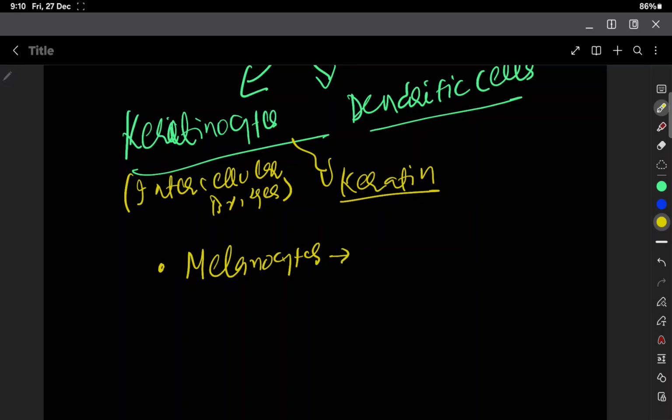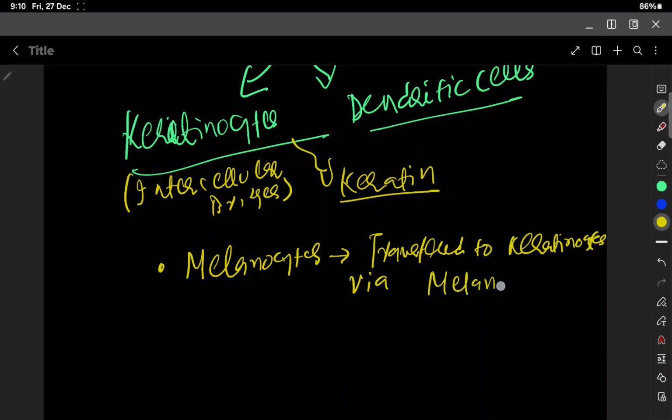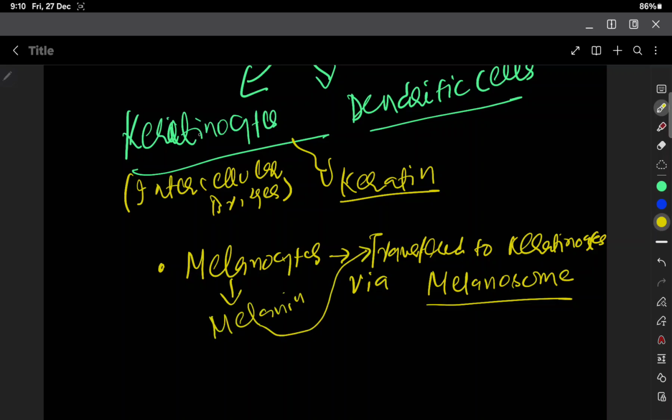Melanocytes contain melanin, and this melanin is transported to keratinocytes through melanosomes.